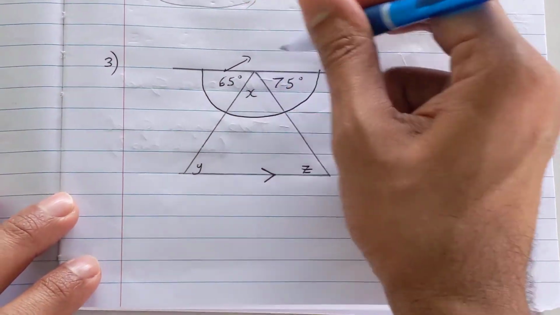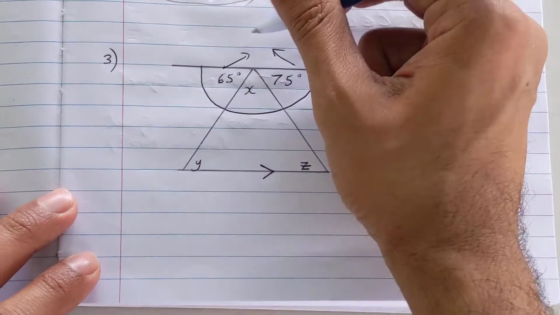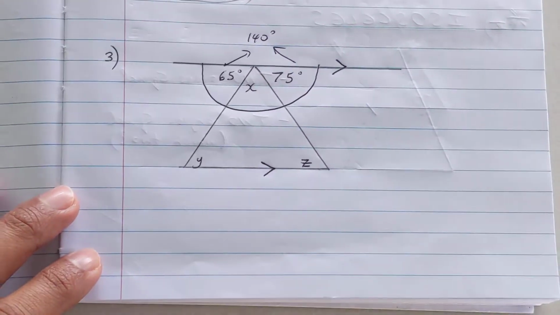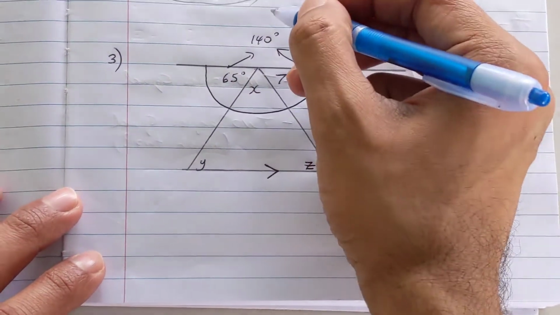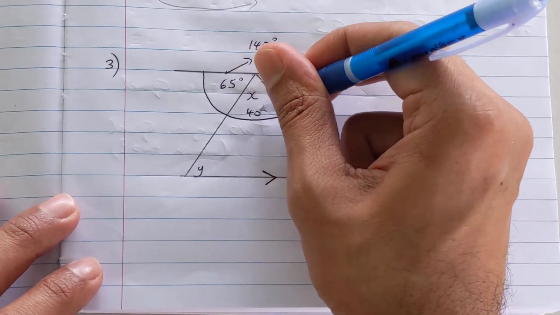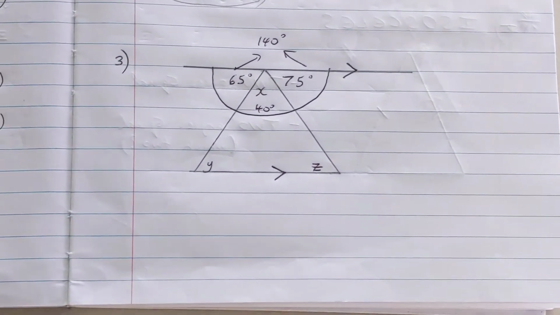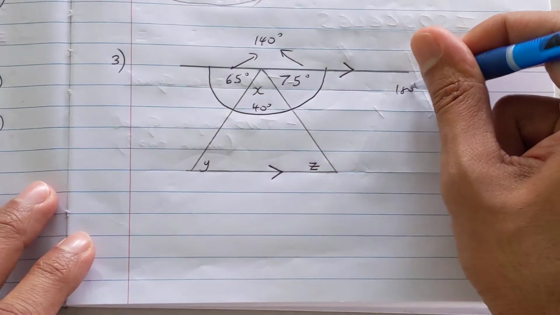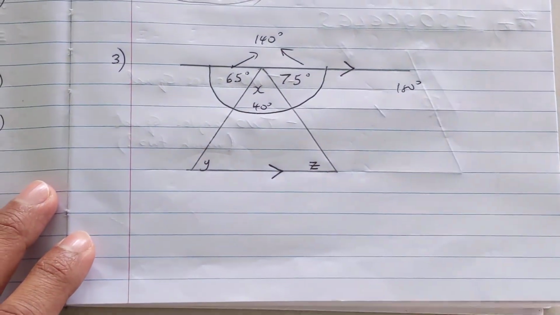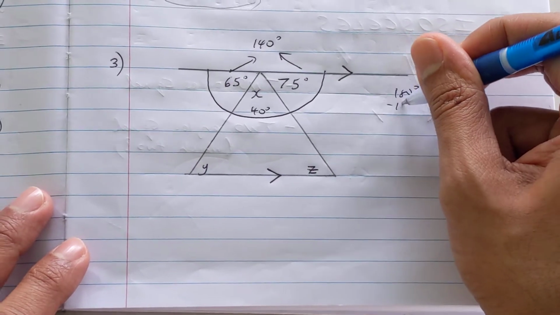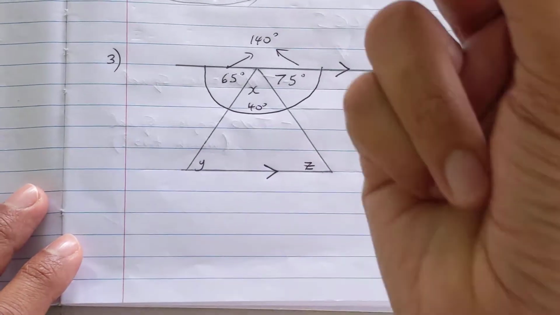So far, he is 65, he is 75, 75 add 65 is 140 when you add it up, so he has to be the rest. 180 take away 140, 40, right? And again, you could do your working and check it yourself. At this level, you should be able to see 75 add 65 is 140, and then 180 take away 140 would give me the 40 when I work it out.